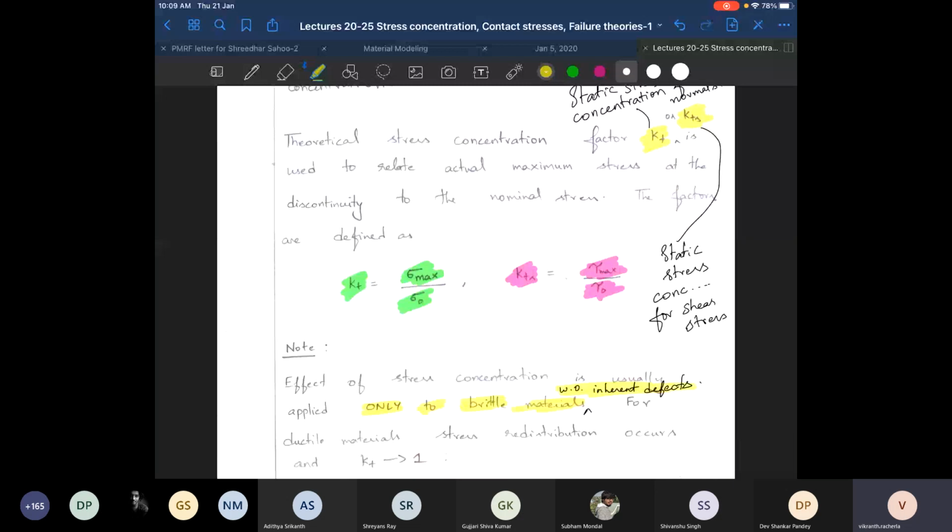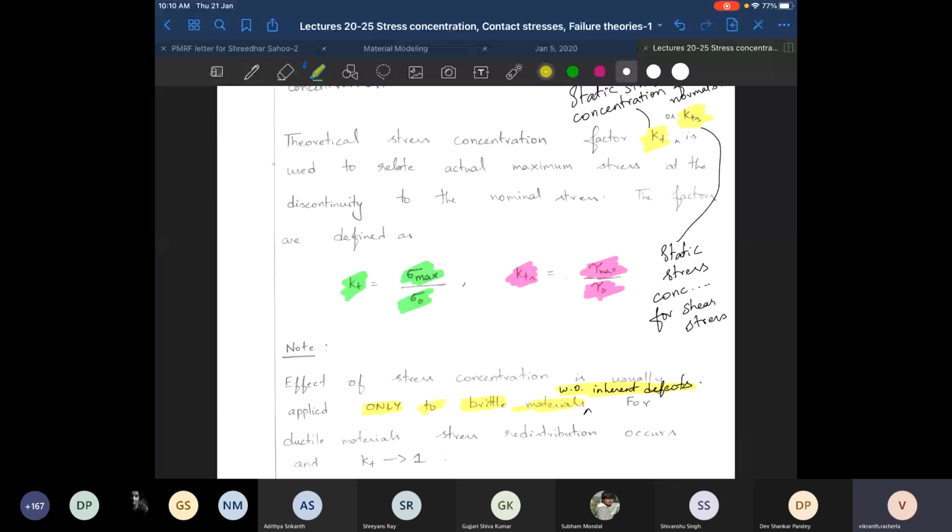When we are looking at static failure of materials, static failure means failure due to some sort of event resulting in a large value of stress. So when we are looking at static failure from some excessive load acting at one point in time, the stress concentration factor Kt will be applied only to brittle materials, that too without any inherent defects within the material.